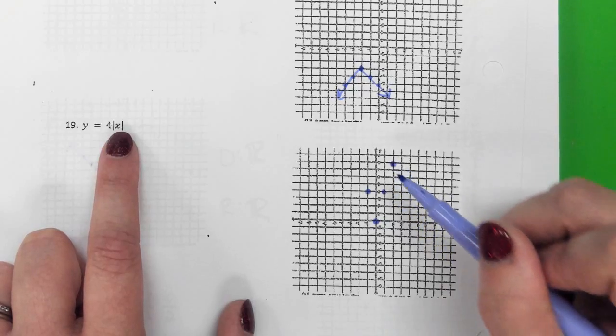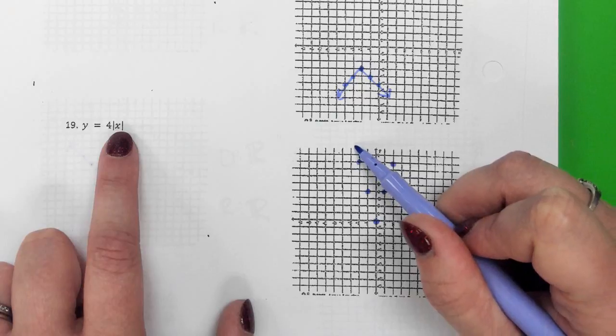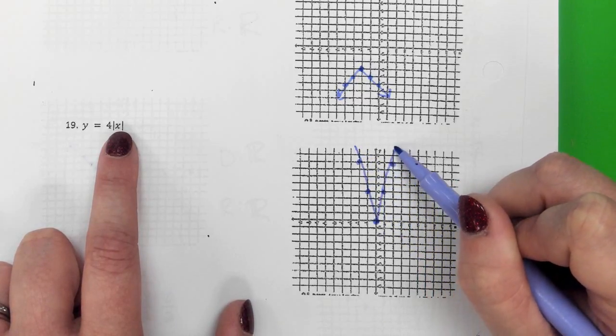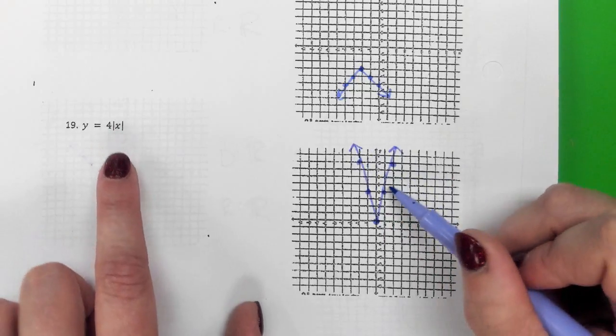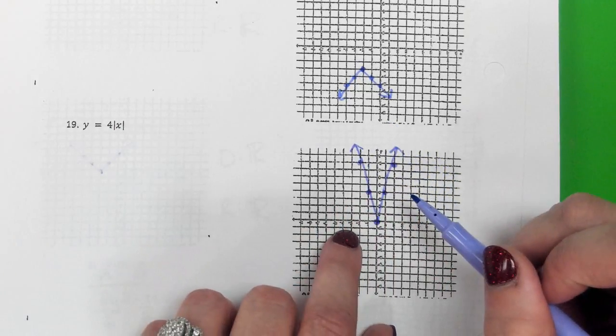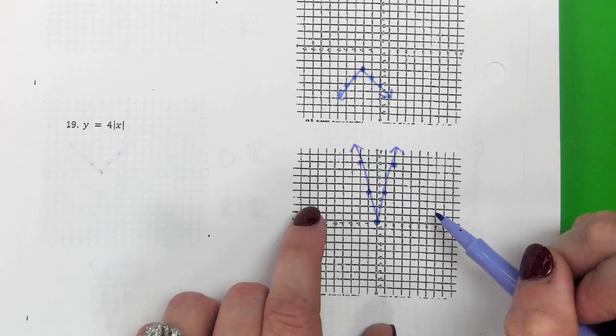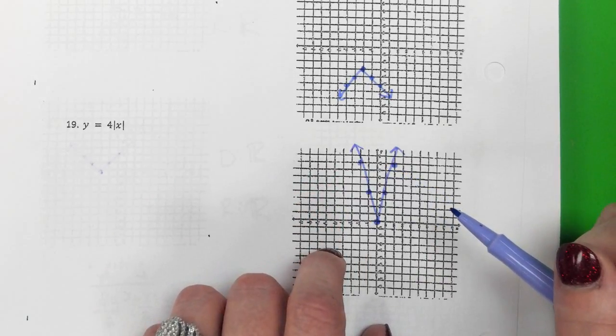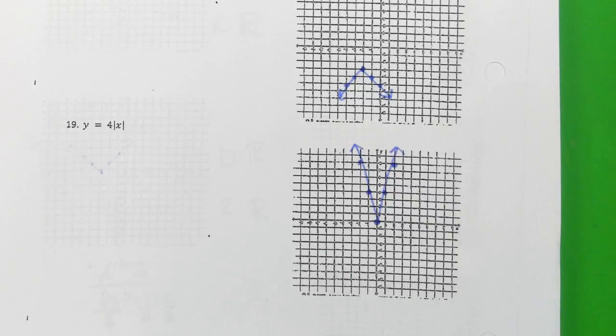So you're going to go right 2 and up 8, or left 2 and up 8. And you see that that stretched it vertically, or you could say that it compressed it horizontally. It's pressing it in horizontally. All right, and that's all we were doing in class today.